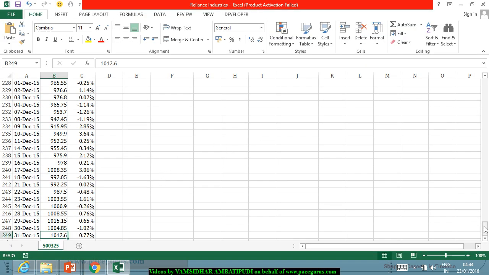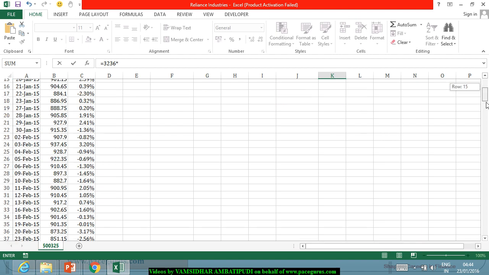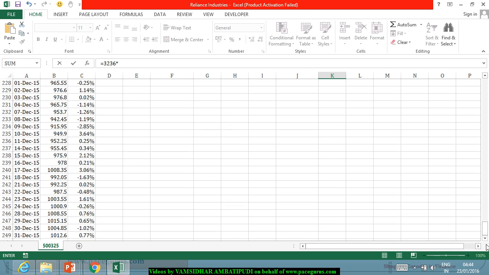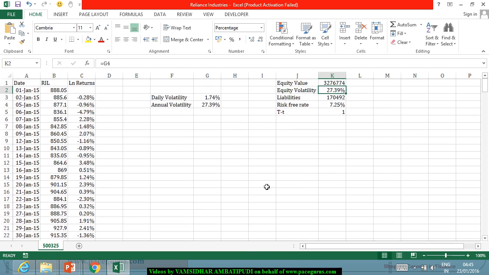So the equity value is coming out as 3236 multiplied by this number. So this many crores is the value of the equity, right? Equity value is coming out to almost 32,000 crores.